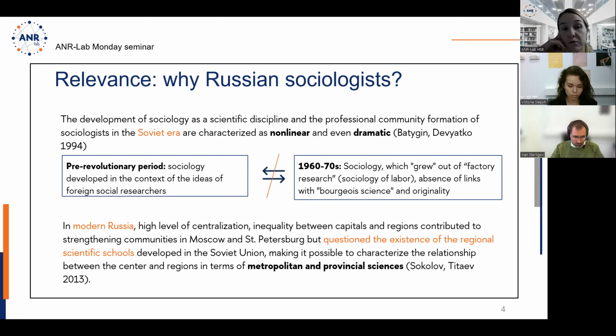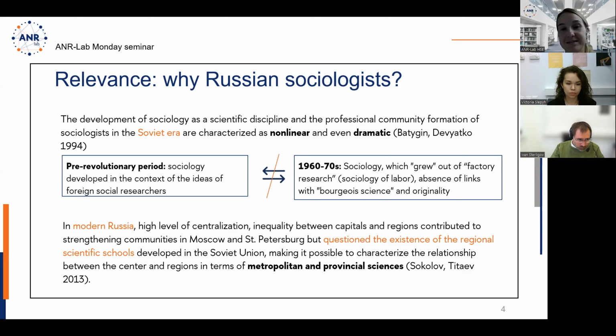One pre-revolutionary period, when the sociological knowledge was developed in the context of ideas of foreign social researchers. And then after the revolution, sociology was kind of banned. It was called the bourgeois science, and so there was no such science.